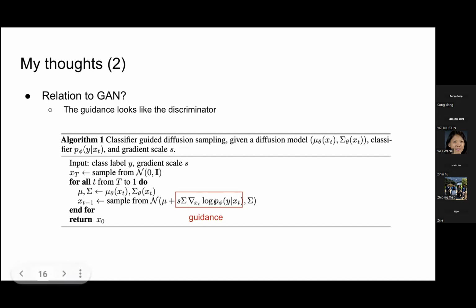So this is basically the same step as what we do with the discriminator in GAN. Because we fix the discriminator, we use it to provide some guidance to the generator, but this is definitely a different schema. But what I'm saying is that here the classifier guidance is basically a discriminator. So yeah, that may also explain why it works well.